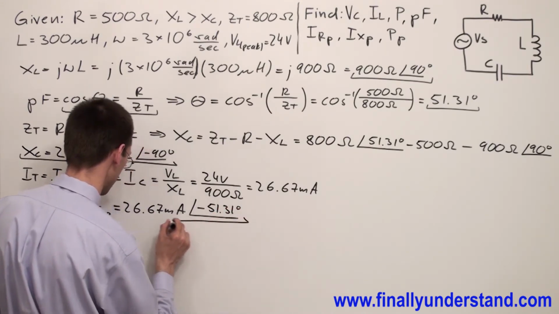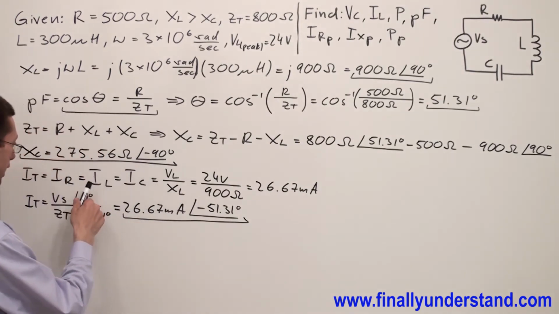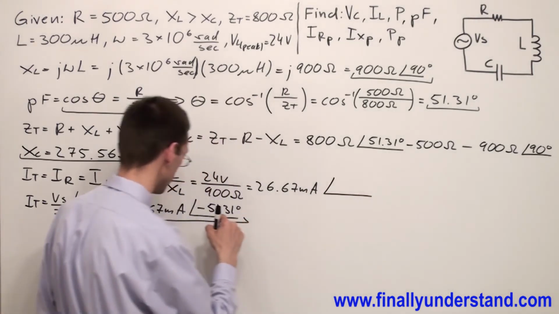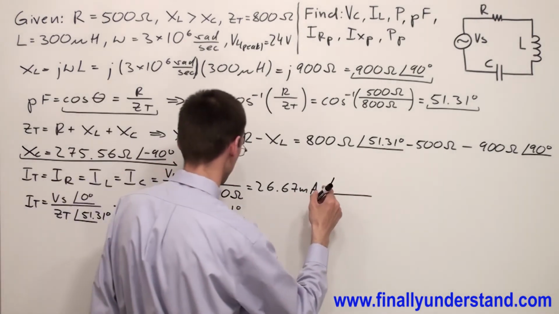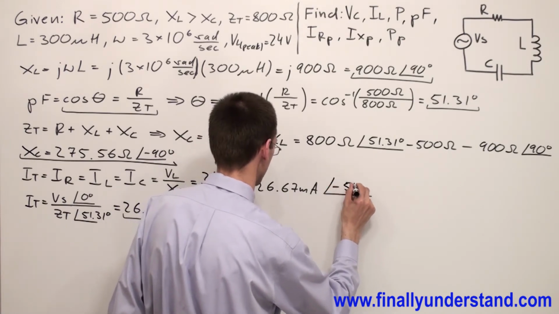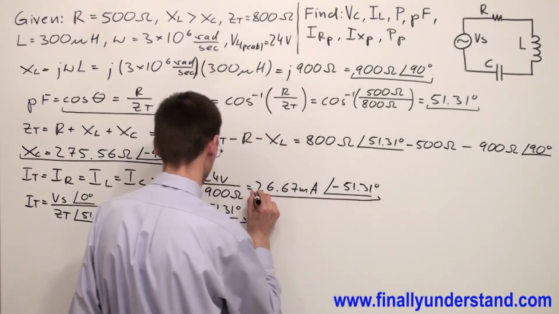So this is my I total, which is also equal to IR, IL, and IC. That's why I can write the same angle which I wrote over here, also over here. So this is equal to negative 51.31 degrees.